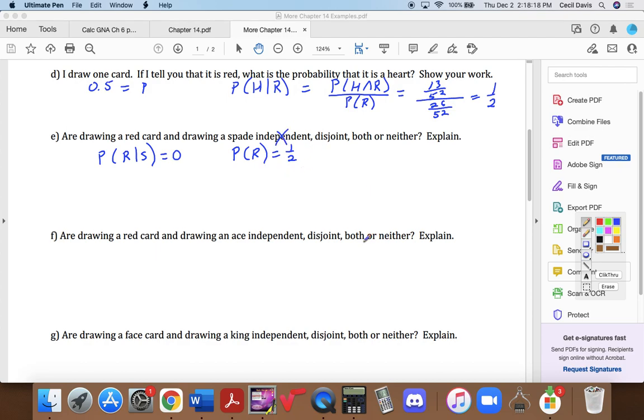Are they disjoint? So to be disjoint, right? Since the probability that it's red, given that it's a spade, is 0, that means those two are disjoint.